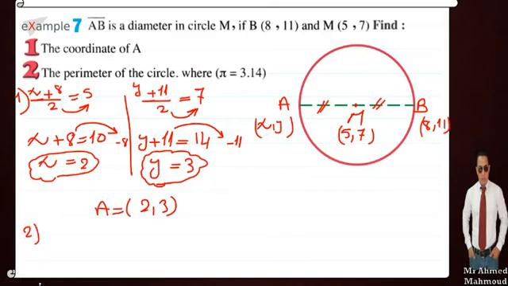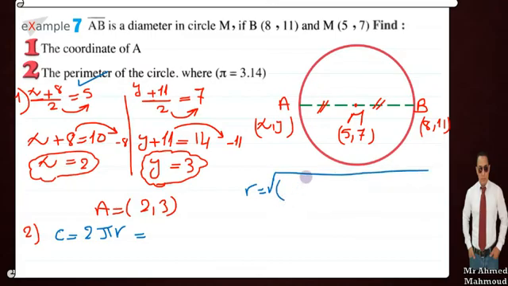Number 2, find the perimeter. The perimeter of the circle means the circumference. And before we explained the circumference, which is 2 times pi times r. Okay, now I need to evaluate r. I will find r equal to AM or MB, or we can find AB and divide it by 2.